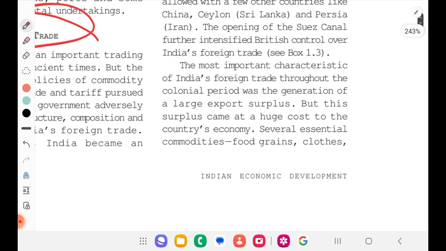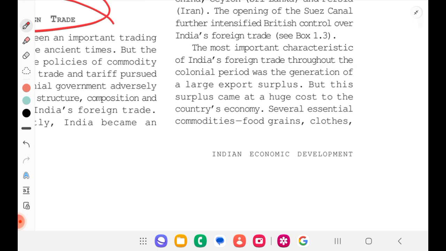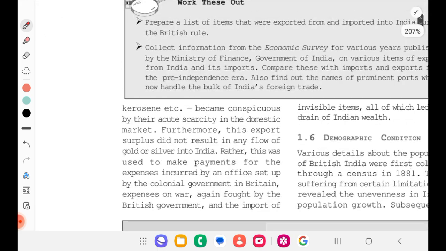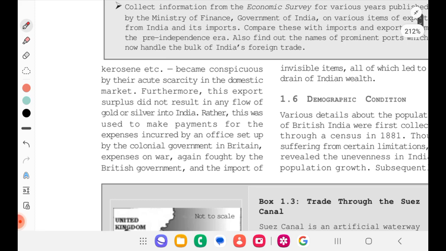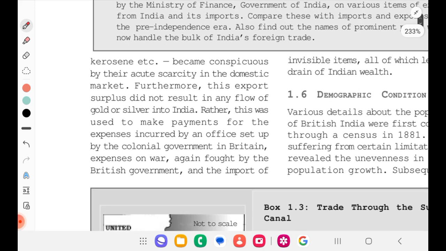The most important characteristic of India's foreign trade throughout the colonial period was the generation of a large export surplus, but this surplus came at a huge cost to the country's economy. Several essential commodities, food grains, cloths, kerosene, etc., became conspicuous by their acute scarcity in the domestic market.